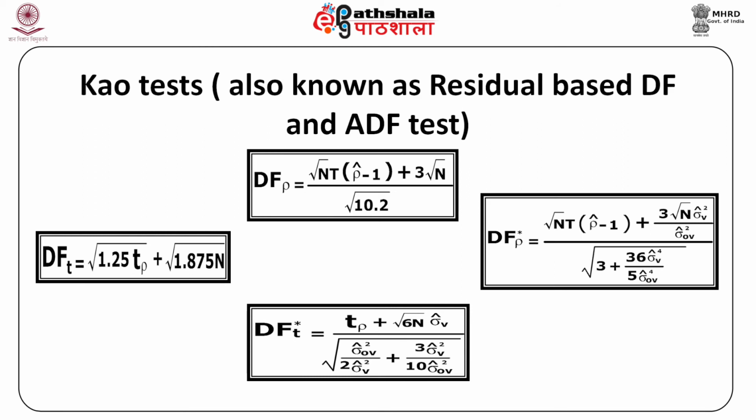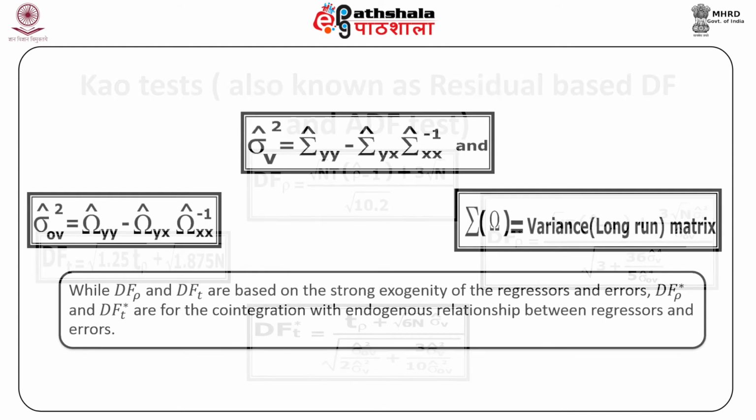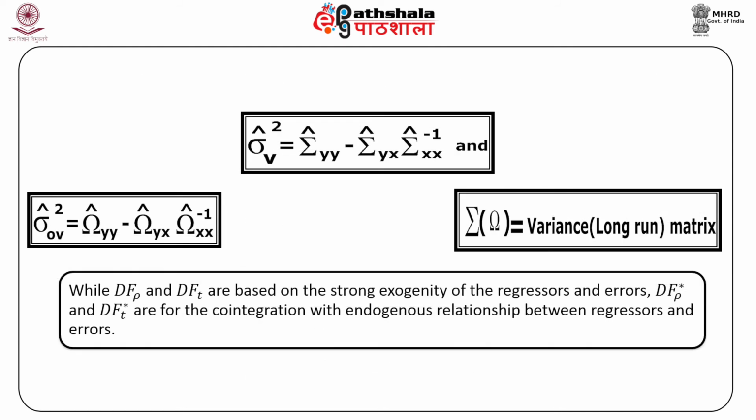DF_t* = [t_ρ + √(6N) σ̂_v / (2 σ̂_0v)] / √(σ̂_0v² / (2 σ̂_v²) + 3 σ̂_v² / (10 σ̂_0v²)), where σ̂_v² = Σ̂_yy − Σ̂_yx Σ̂_xx^-1 and σ̂_0v² = Ω̂_yy − Ω̂_yx Ω̂_xx^-1. Ω is the long run variance matrix.